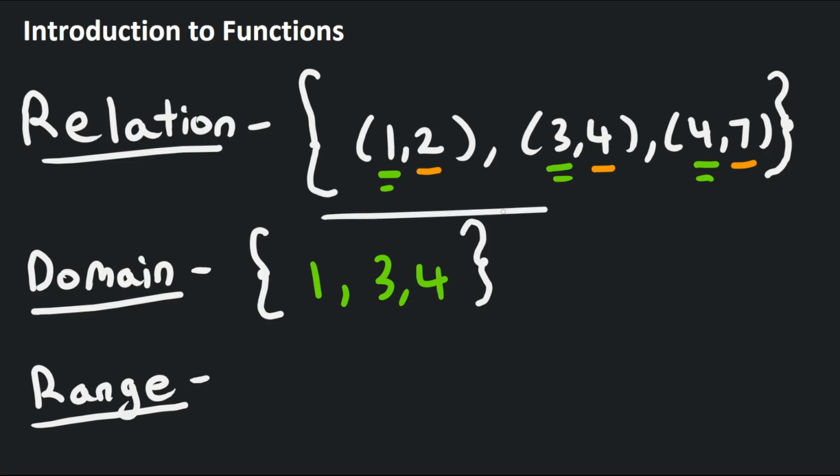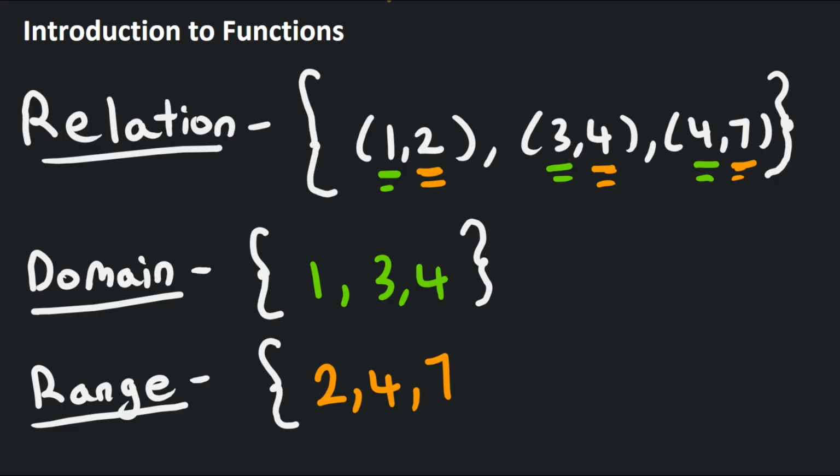The domain of this relation is 1, 3, and 4. And let's talk about the range. The range of this relation is all the y-coordinates, the ones underlined in orange. So what are they? They're 2, 4, and 7. So let's write them down and close the curly brackets. And that is our range, 2, 4, and 7.